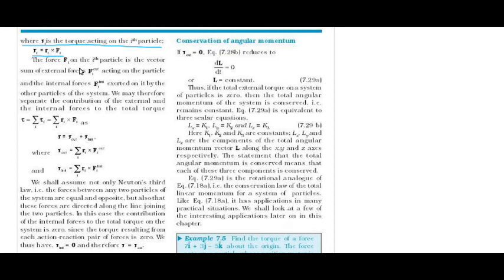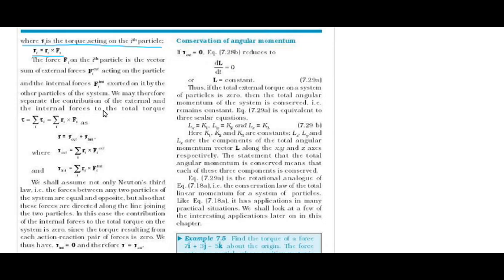The force Fi on the ith particle is the vector sum of external forces Fi external acting on the particle, and the internal forces Fi internal exerted on it by the other particles of the system.